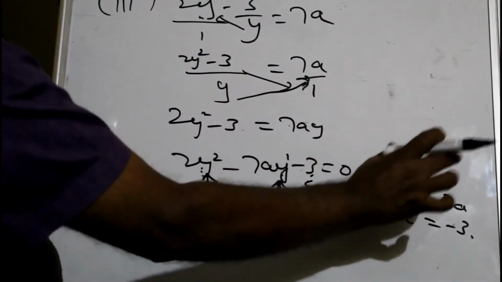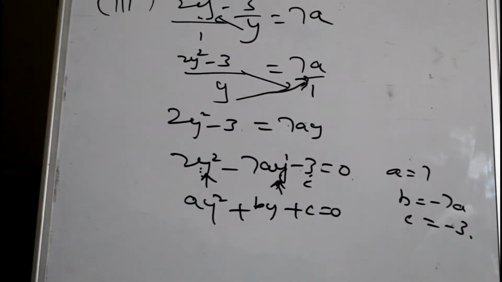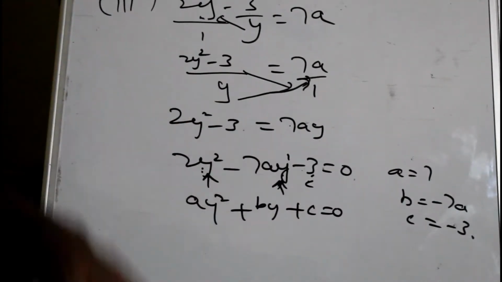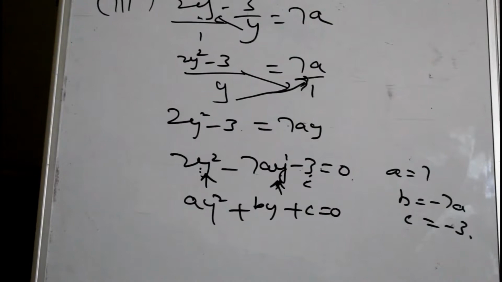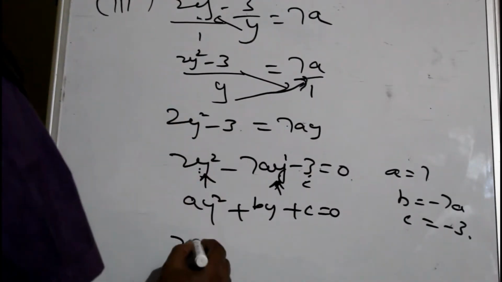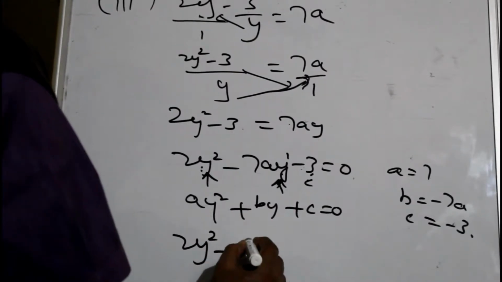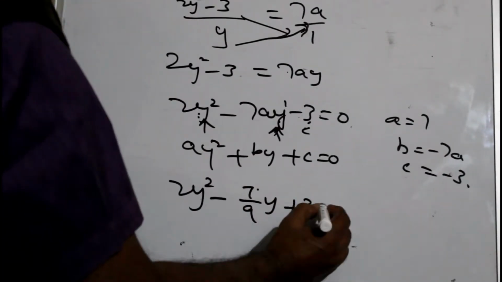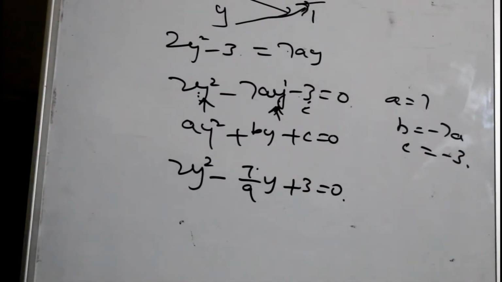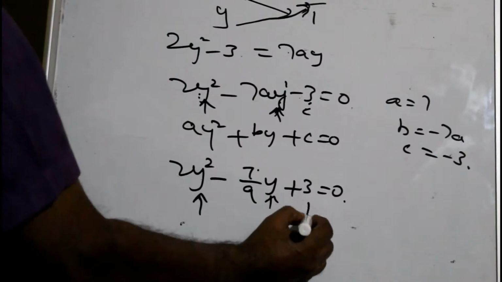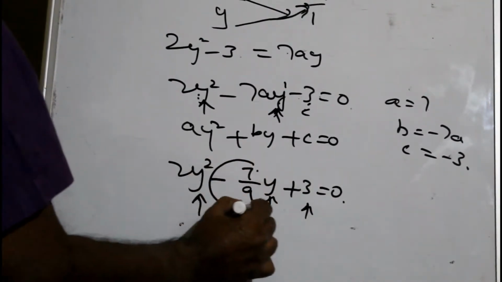So when you get like this, it's a quadratic equation, irrespective of whether you have some number 7 or even 7a like this. It makes no much difference. Hope you got it. For example, if you get an answer like 2y square minus 7a y plus 3 equal to 0, this is also a quadratic. Look here, you got a y square term, you got a y term, you got a 3. This is called the coefficient b.